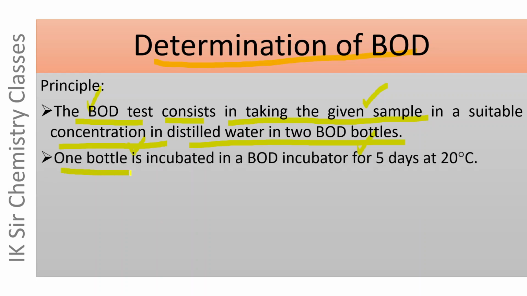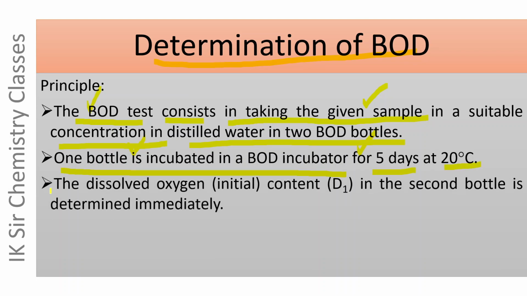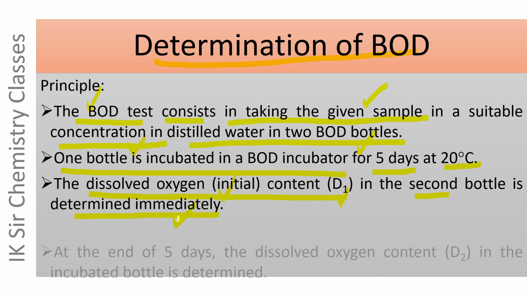One bottle is incubated in a BOD incubator for 5 days at 20 degrees centigrade, while the initial dissolved oxygen content D1 in the second bottle is determined immediately after sampling.